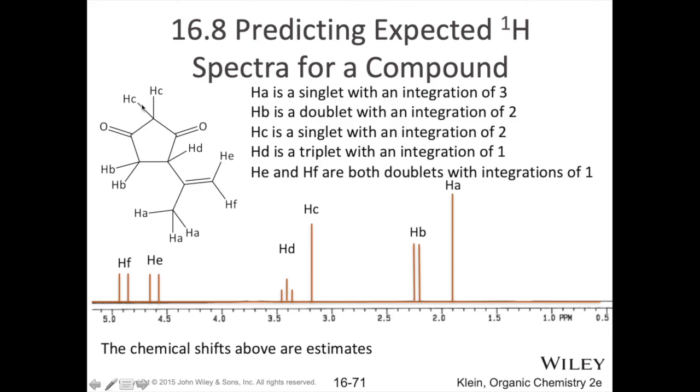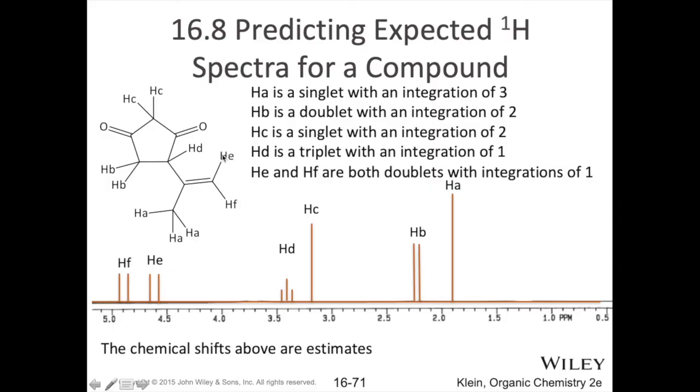So those give rise to a group of signals for each pair: hydrogen C for both of these, hydrogen B for both of these. Each of these other hydrogens, though, are individual ones with separate signals.